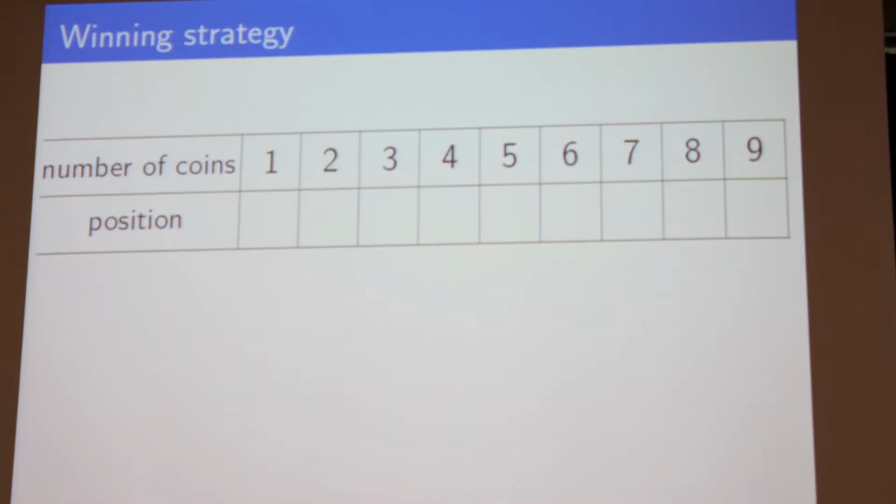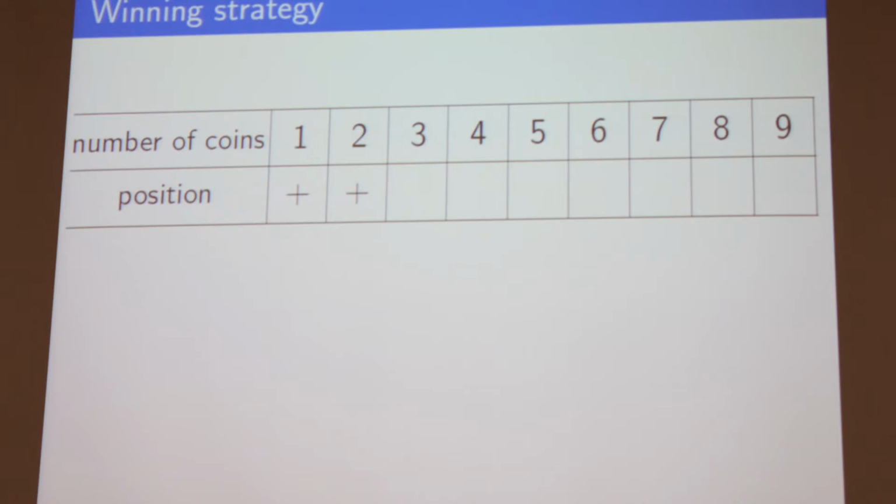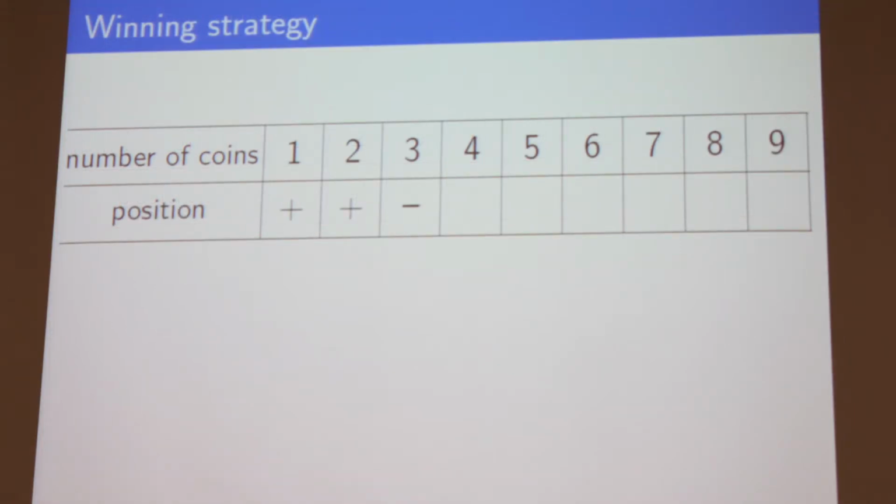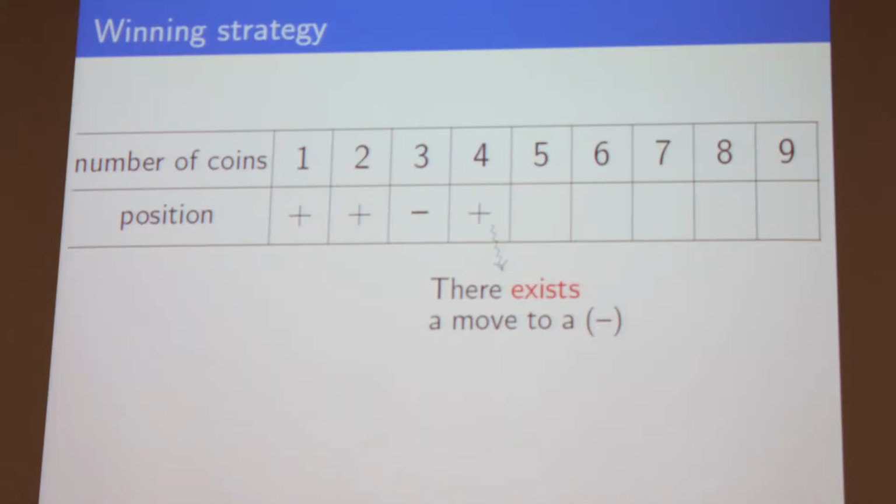Now very easy, we can analyze the game and figure out if at the beginning Bob or Alice had a winning strategy. 1 or 2 coins is a winning position, you want to be the active player. 3 coins is a losing position, you lose. 4 coins, there exists a move to a minus, therefore you're in a favorable position.